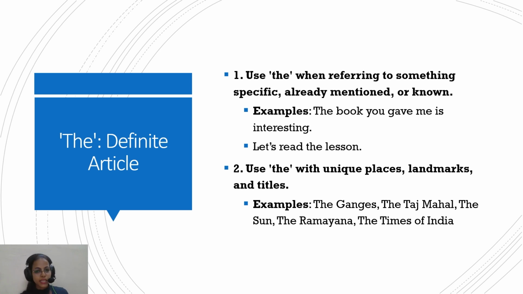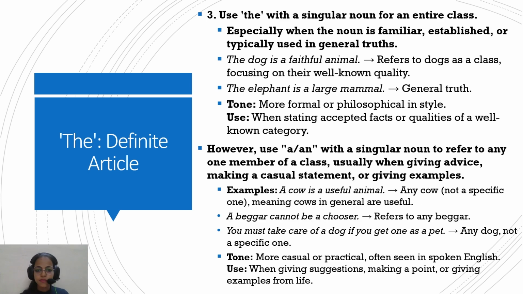And again, a disclaimer: whenever I say always, it means almost always. There are always exceptions. We'll get to the exceptions in most of these rules later. I've mentioned it so many times, but again, I'll repeat it. Always means almost always. So with unique names, landmarks, and titles, you use the definite article the.